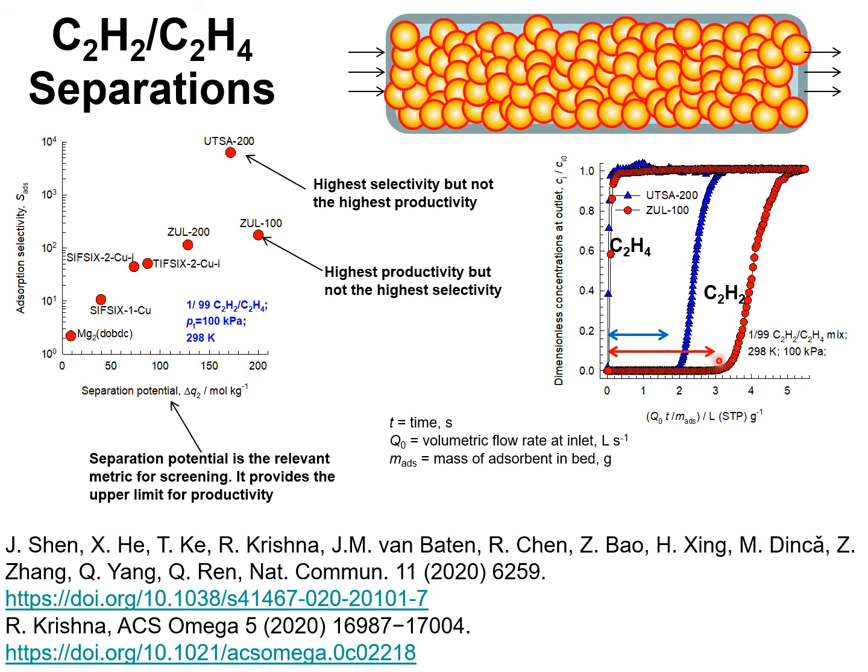Indeed, we notice that the productivity values indicated by the blue arrow for UTSA 200 and the red arrow for ZUL100 are indicative of the fact that ZUL100 has the higher productivity.